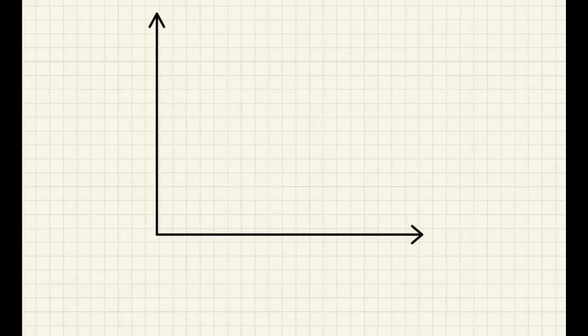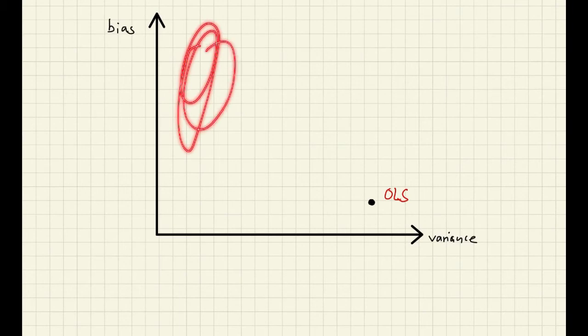We can represent these two estimators also in a diagram where we put bias on the vertical axis and variance on the horizontal axis. Now OLS has a low bias but high variance, so it would be somewhere here. And the sample mean has a high bias but a low variance, so it would be somewhere here.